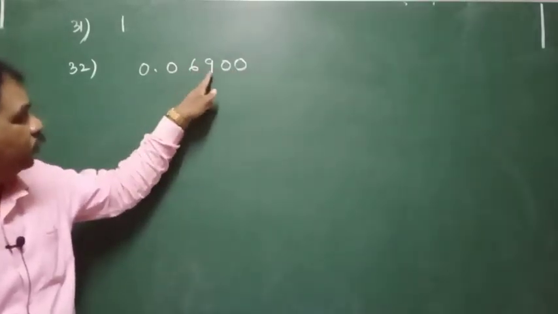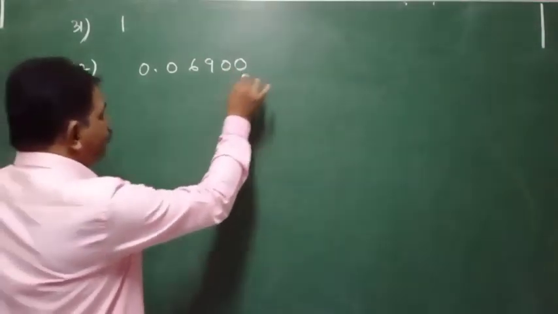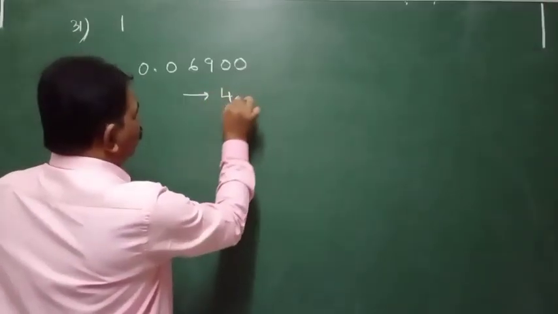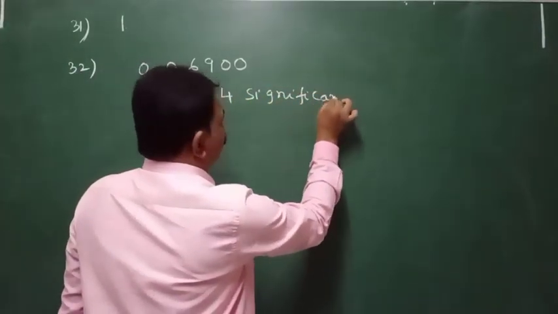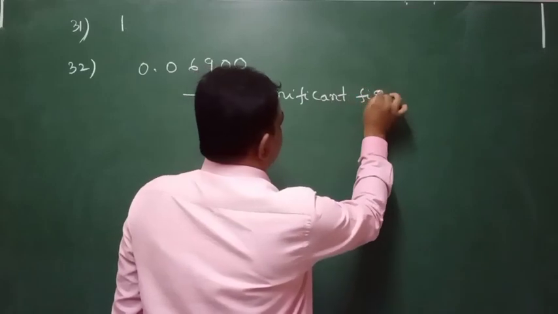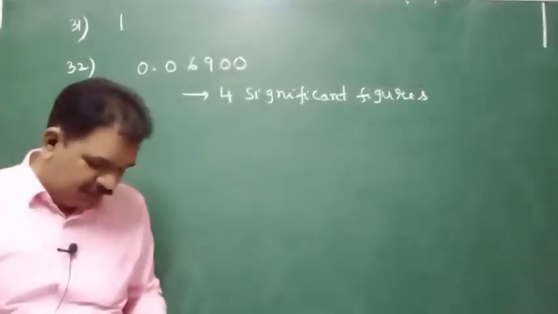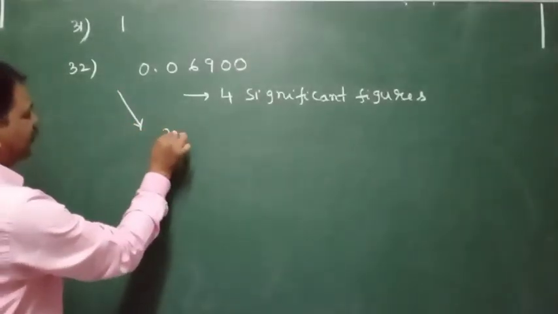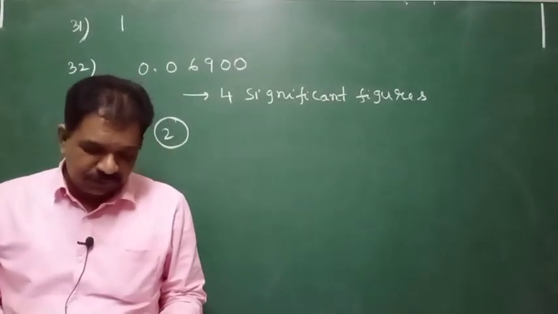So 1, 2, 3, 4. Totally, it will have 4 significant figures. Option for this will be second option. Simple questions only, try to focus.